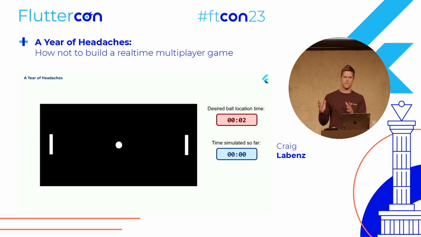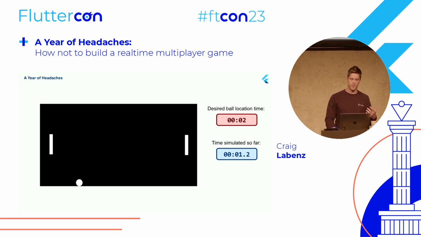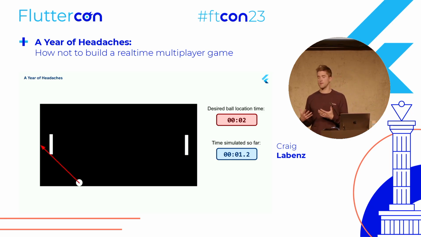So imagine we're 2 seconds into the game, and we need to figure out where to draw the ball. So we calculate its first movement, and let's say it's going to take 1.2 seconds to get to this bottom wall here and bounce. So we apply that much movement. We've still got 800 milliseconds to go. All right, where is the ball going next? Well, it's headed toward the left wall to score a goal. But this one gets interesting because we have to ask ourselves, was the paddle there?